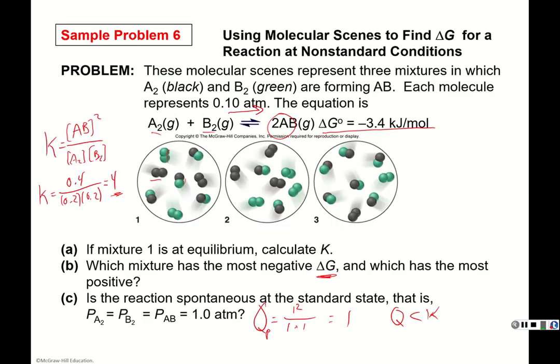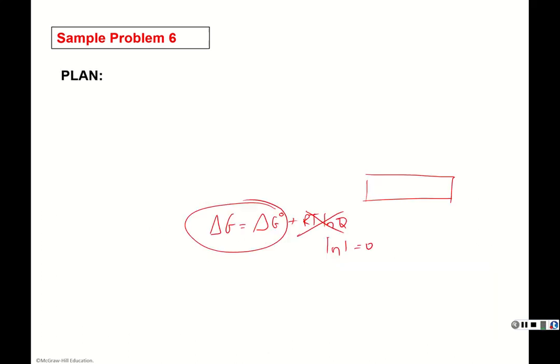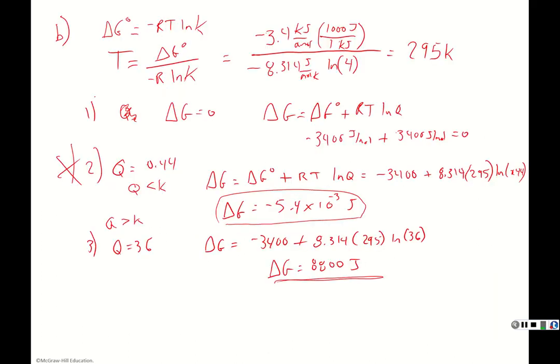And we can see delta G naught here is a negative value. So yes, it's spontaneous. Two ways of thinking about that one.